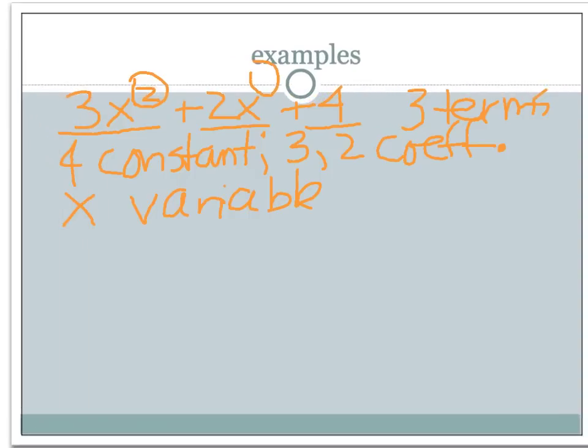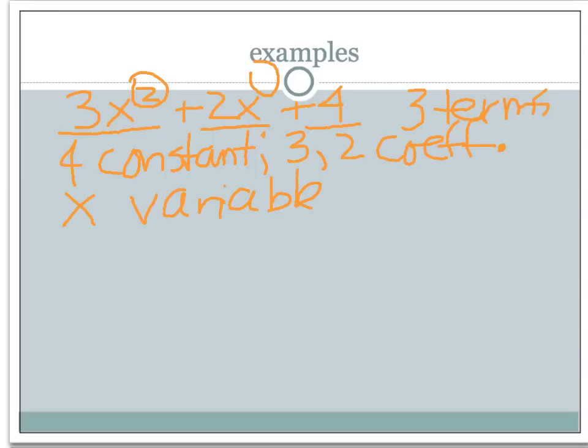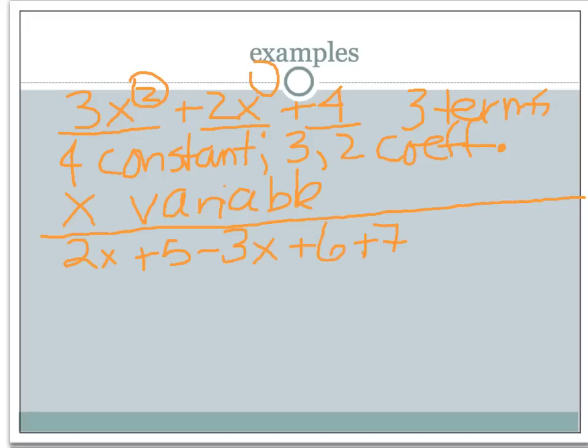So let's take a look at an example, and let's simplify it. So if I had, let's see here, 2x plus 5 minus 3x plus 6 plus 7x minus 1.